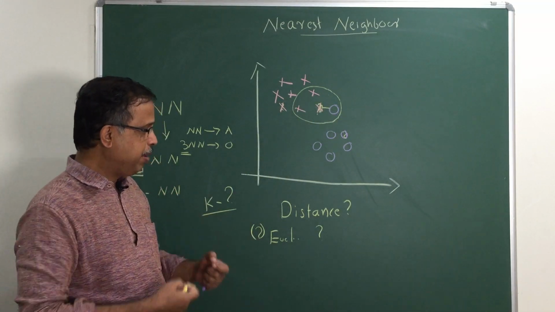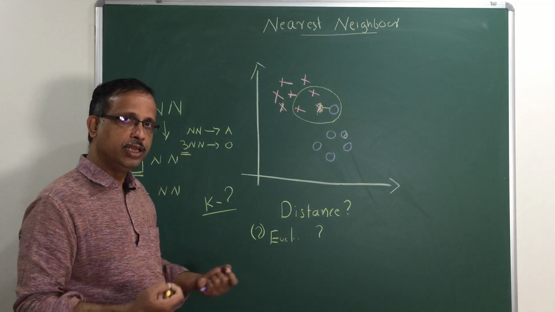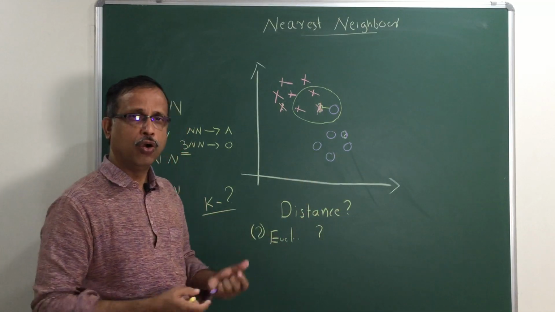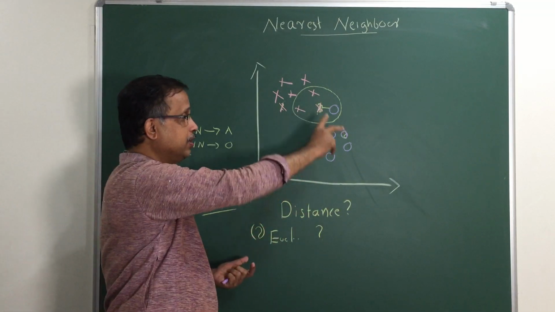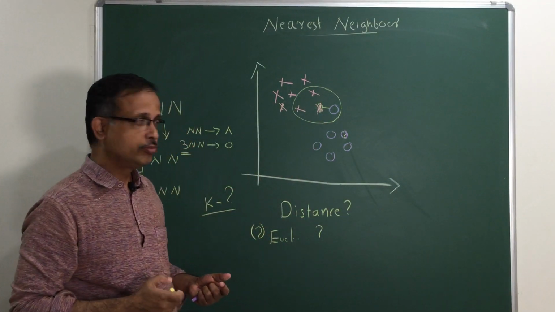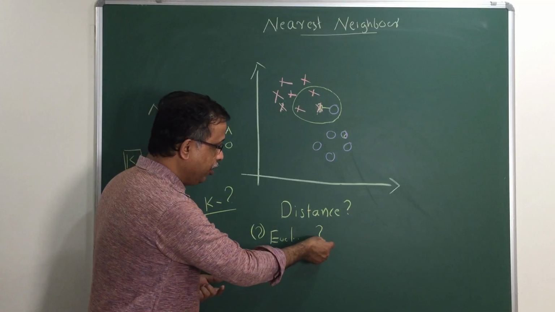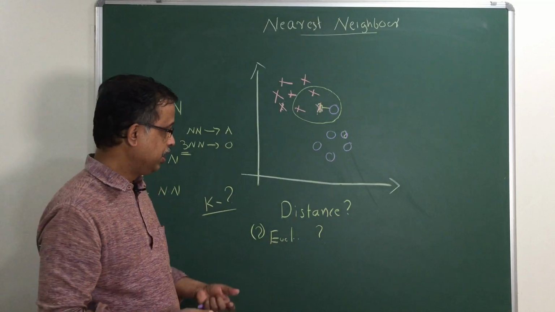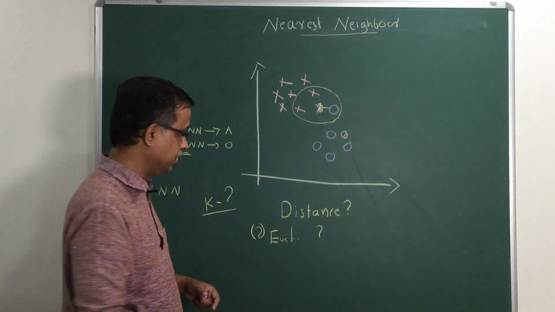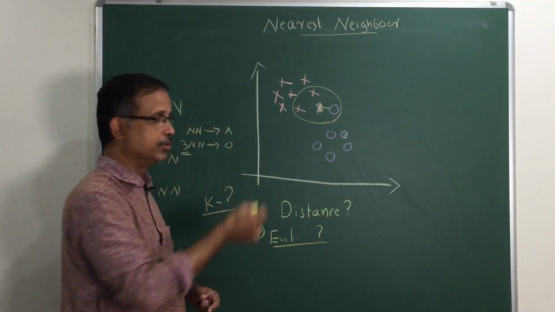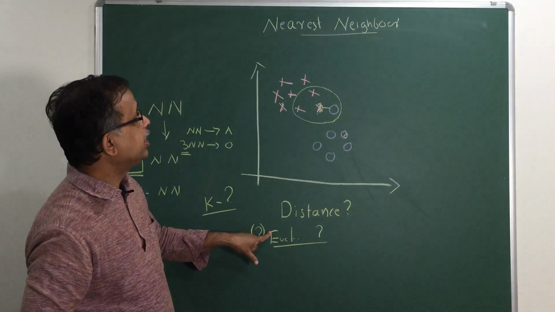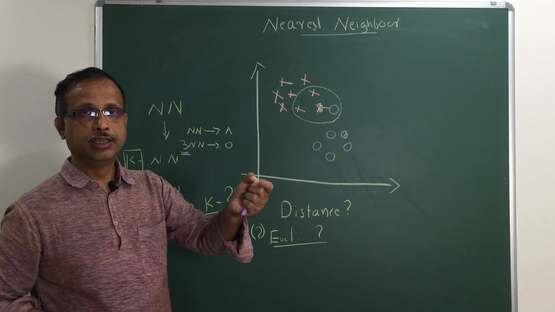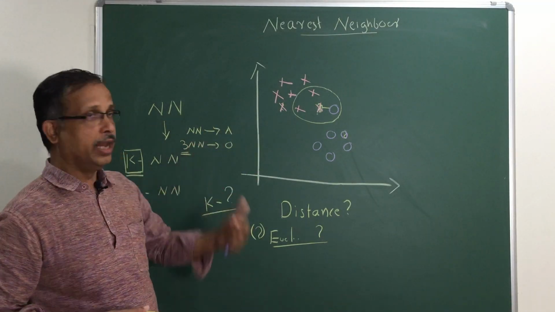So there may be smarter ways of finding the distance which can take care of the axis scaling or which can sometimes take the properties of the samples. With no extra knowledge, we will start with an extremely simple distance measure, that is Euclidean distance, and a simple algorithm that looks at the neighbors and makes the prediction, popularly known as k nearest neighbor algorithm.